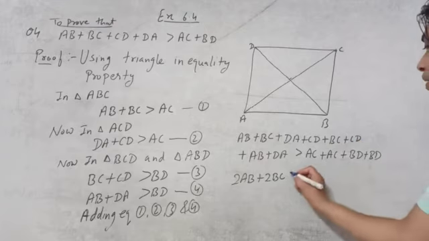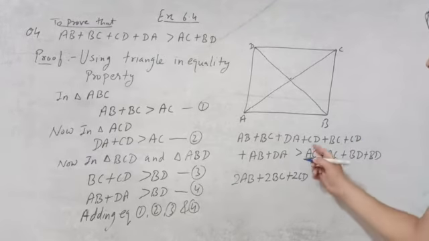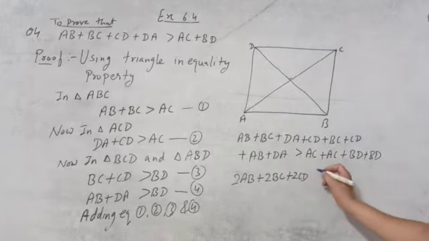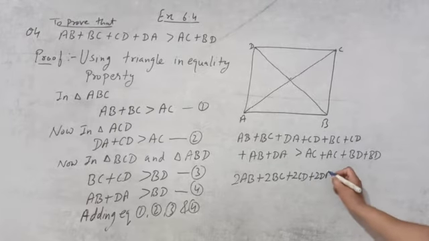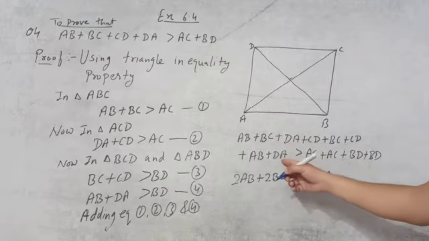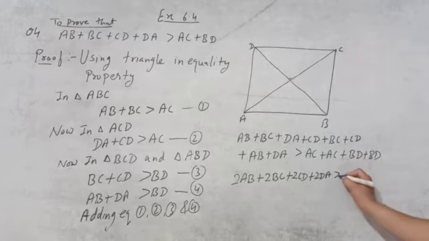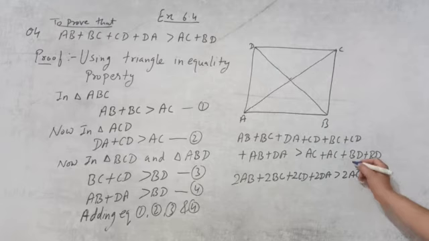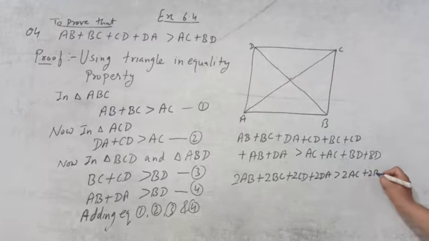CD plus CD, what will come? 2CD. DA plus DA, 2DA. So this side we have added all the sides. Now we will add after the greater than: AC plus AC, 2AC, and BD plus BD, 2BD.